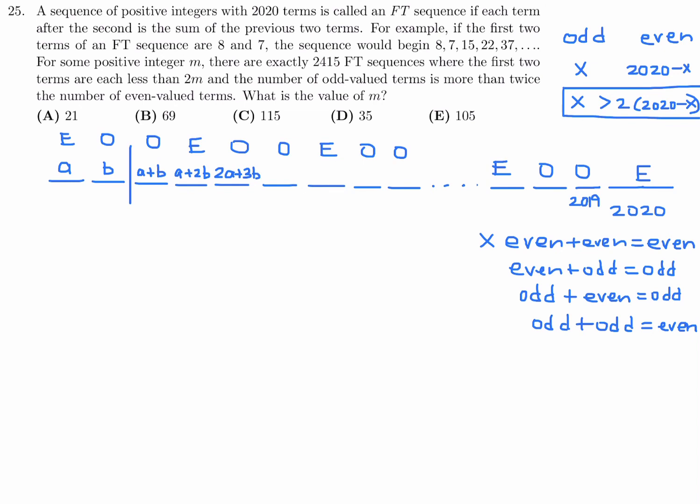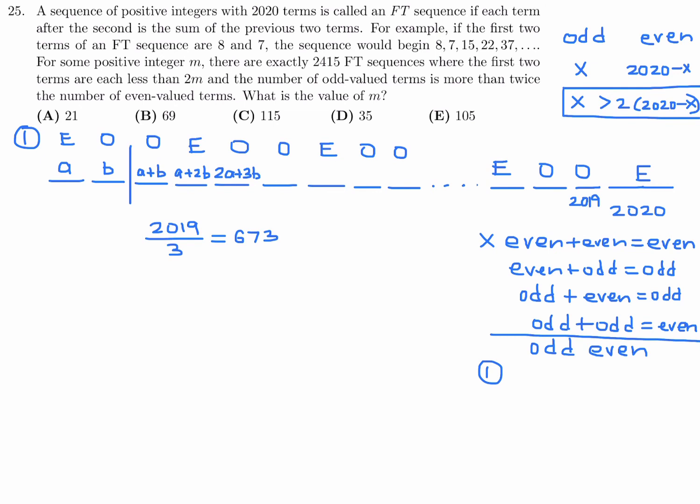Okay, now let's talk about odd and even, which I'll just call scenario number 1. How many odd and how many even do we have for this scenario? Well, I'm just going to concentrate on the 2019, and then we'll add one extra E at the very end. There's 2019, and each of them are broken up into segments of 3, right? EOO, EOO. So first take 2019 divided by 3, and when you do, you get 673.